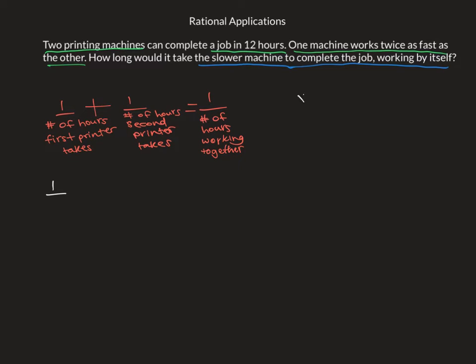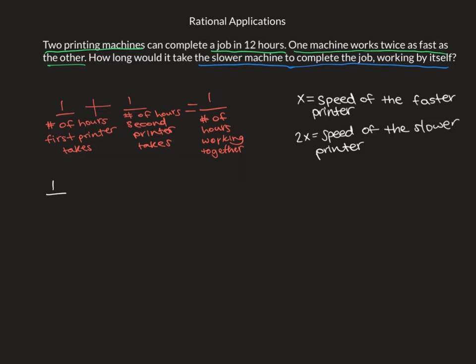So what we can do is say x is equal to the speed of the faster printer, and then 2x would be the speed of the slower printer.